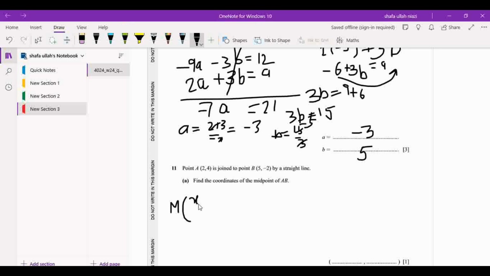x1 plus x2 divided by 2, comma. Now solve it, put the values there.